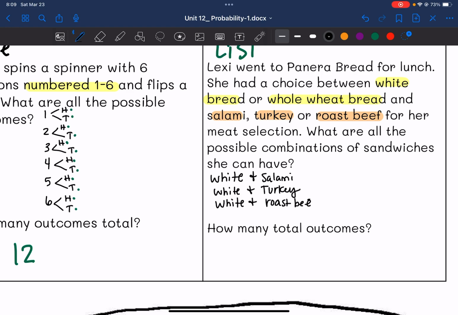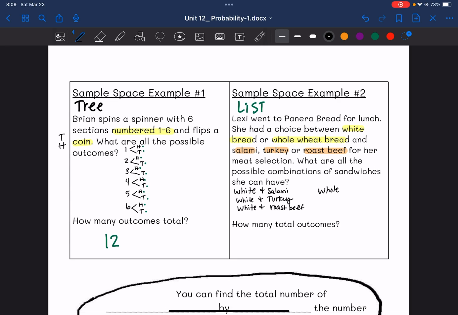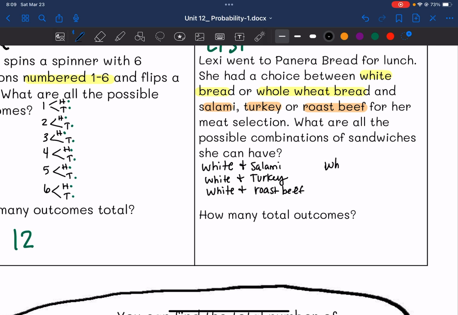She can also have whole, actually, let's write it as wheat. She can have wheat and salami, wheat and turkey, wheat and roast beef. These are the options she can have.